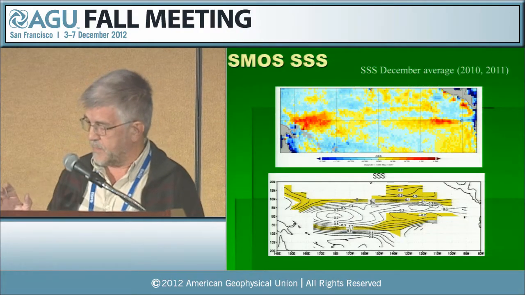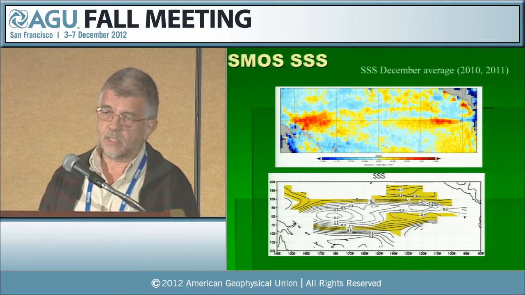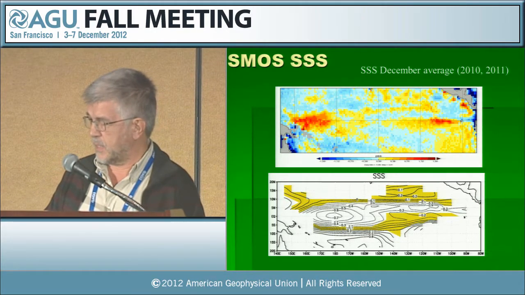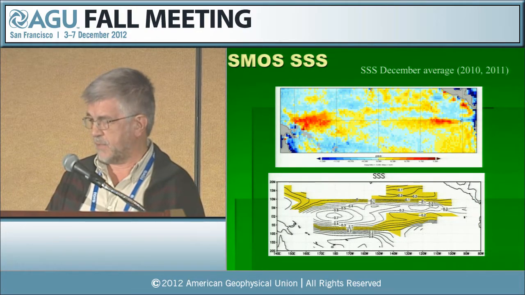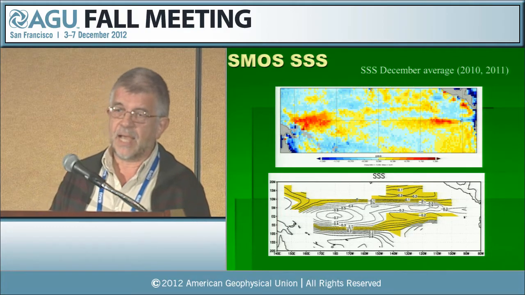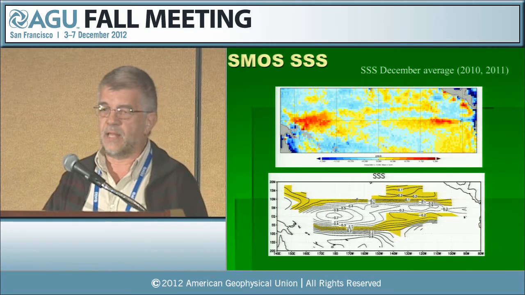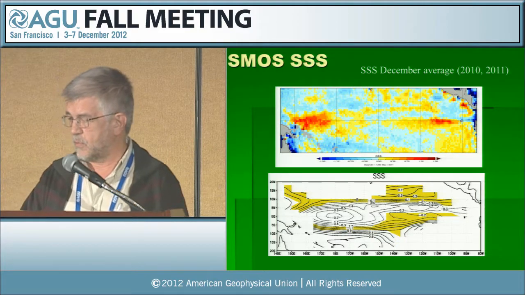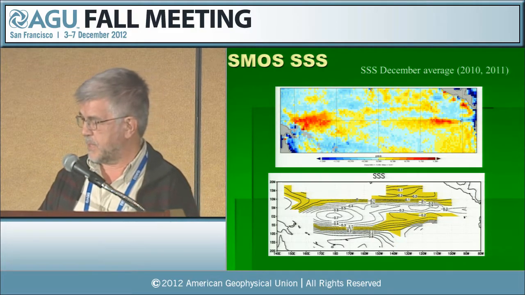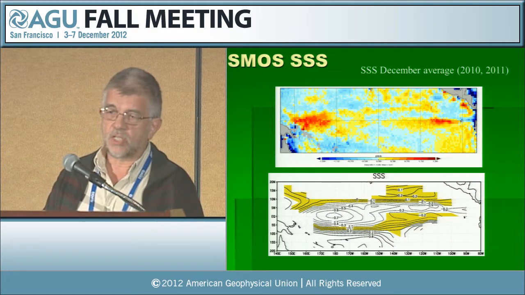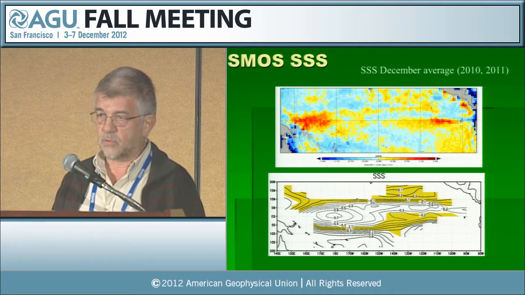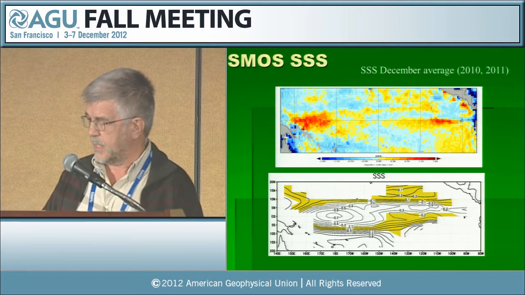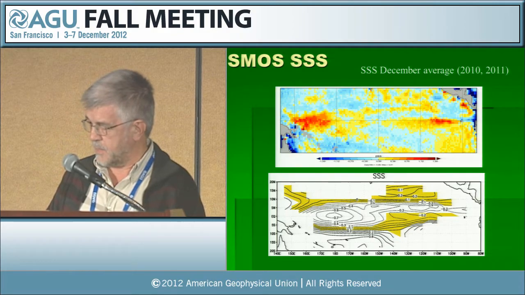If we average the two months of September for the two years, 2010 and 2011, the sea surface salinity anomaly, and we compare this with the kind of structures that I showed before that were examined in this paper, we see that there is a consistency in the spatial patterns in SMOS data compared to the anomalies when they were examined a long time ago for the month of December.